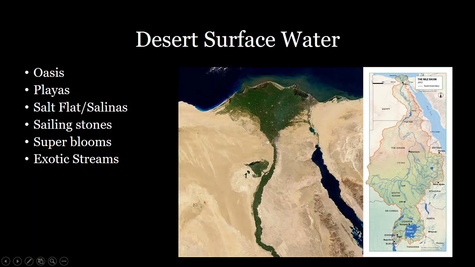Within Egypt, not a lot of that water flowing in the river is from Egypt itself. So this stream would be considered an exotic stream because that water is coming from a very distant location. And you can see the Nile River Delta here.